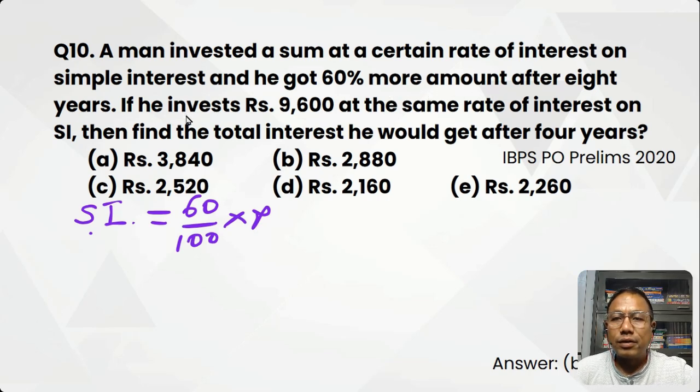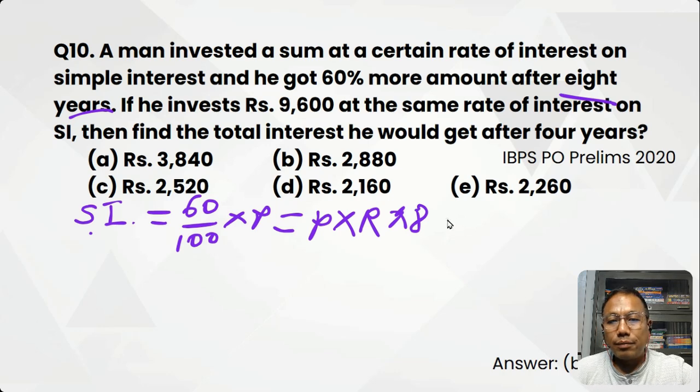After 8 years, simple interest is equal to PRT by 100, where P is the principal, R the rate of interest and T the number of years. T is 8.